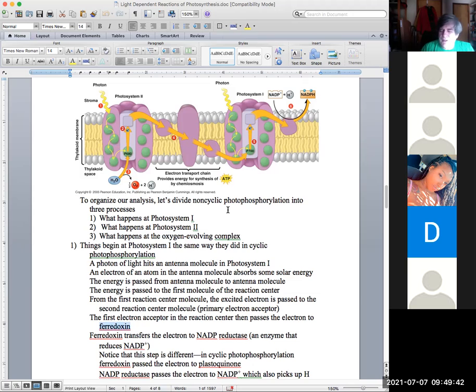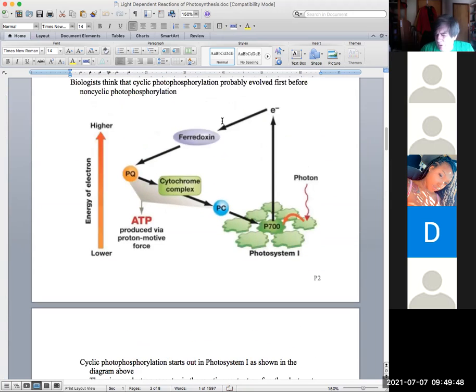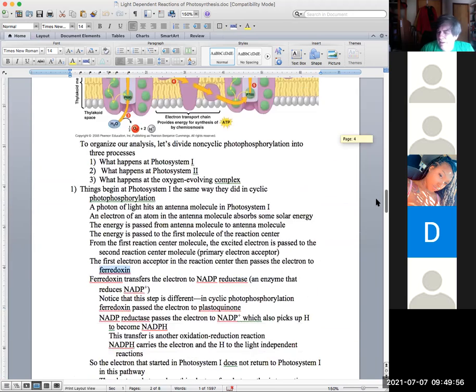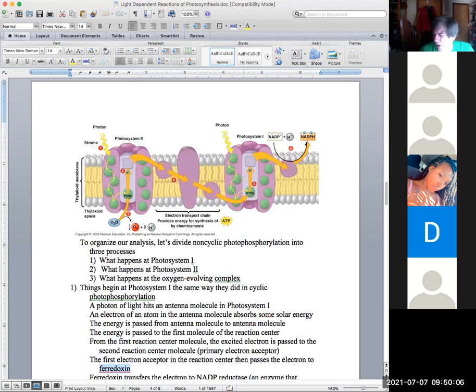And the difference is what ferredoxin does with it. Let's go back to cyclic for a moment. Notice that in cyclic, ferredoxin passes this electron to PQ, plastoquinone. Here, PQ is over here. Ferredoxin doesn't pass the electron that way. It passes it to something called NADP reductase.